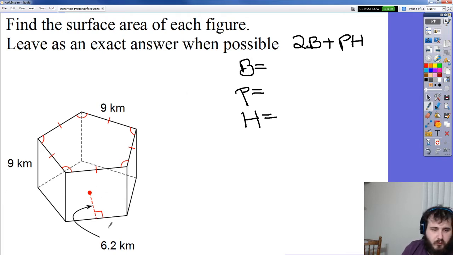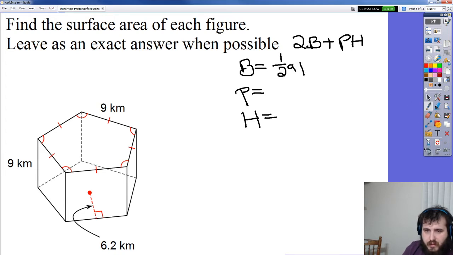Okay, this is a regular pentagon, so if I can find the perimeter of the figure and the apothem, then I've got everything I need. The apothem is right here, 6.2. For the perimeter, each side is 9, so 9, 18, 27, 36, 45, because there are 5 sides. So 1/2 A P, where A is 6.2 and P is 45.